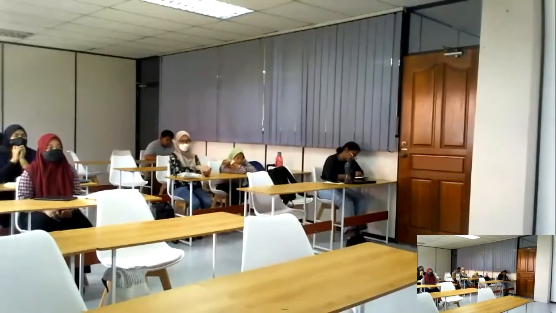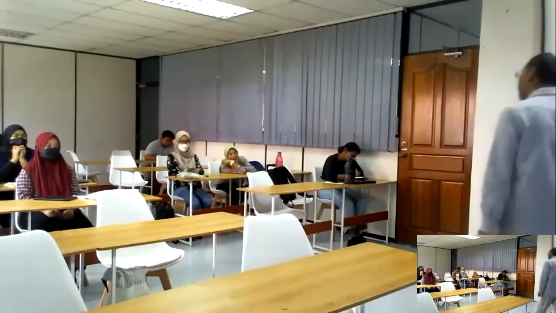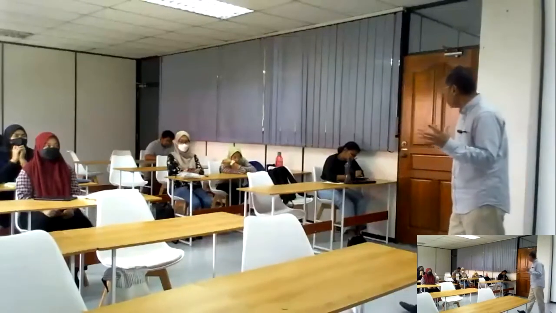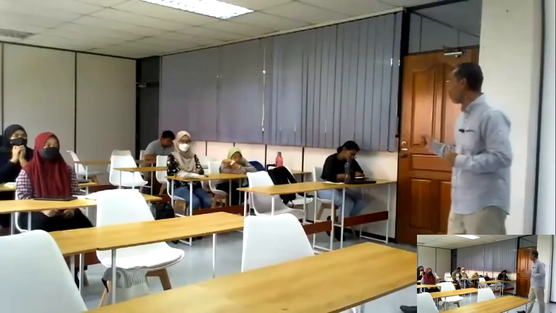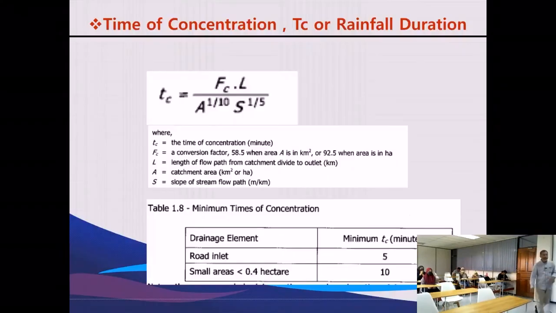For a small area like your house, just 10 minutes, right? Any area less than 0.4 hectare, which is 1 acre, the time of concentration or rainfall duration that we use to read the chart or to use the formula is 10 minutes.